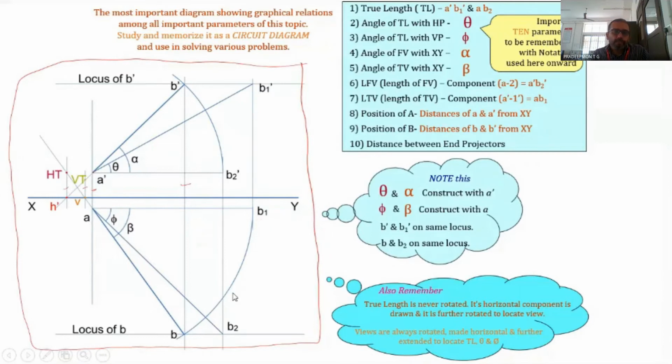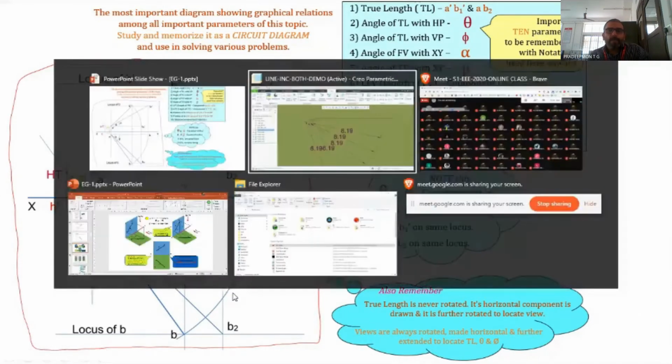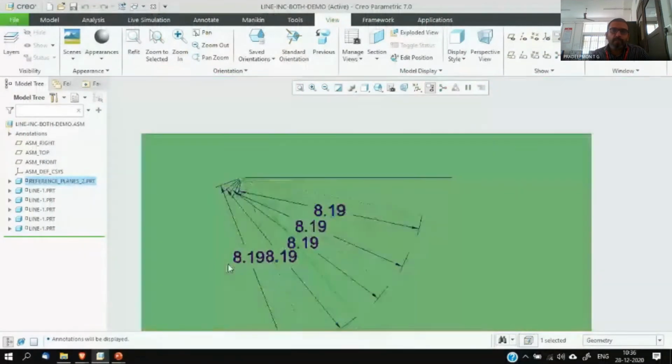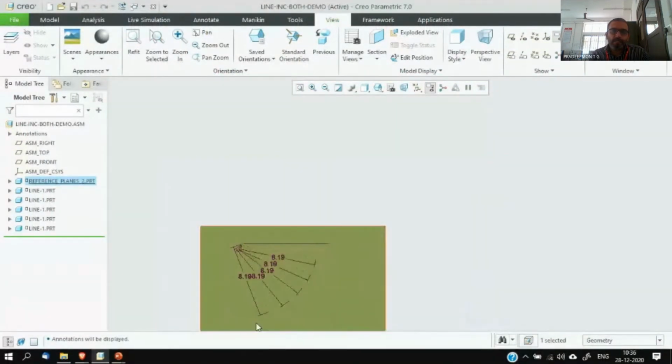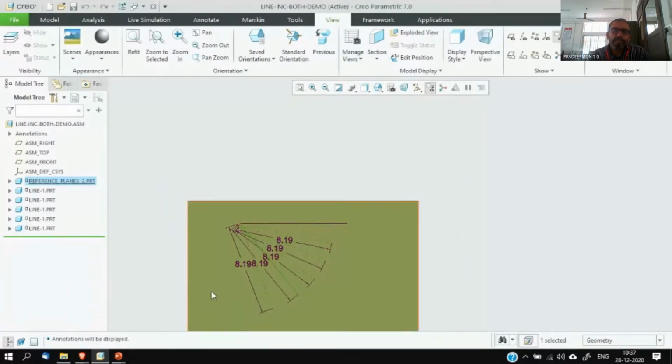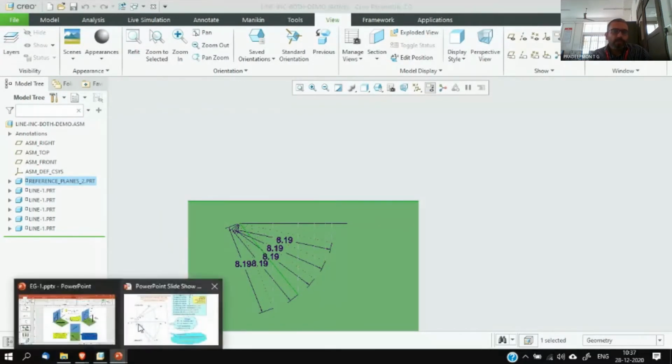So that is evident from the model in Creo. So I hope you understood, and if anybody of you doesn't understand, please clarify it right now itself. The same thing is true in the case of the top view also, or the front view also. In the front view also, we have created a similar thing.